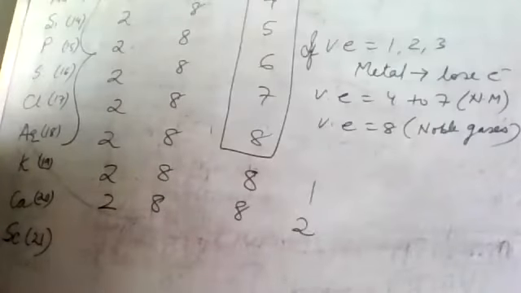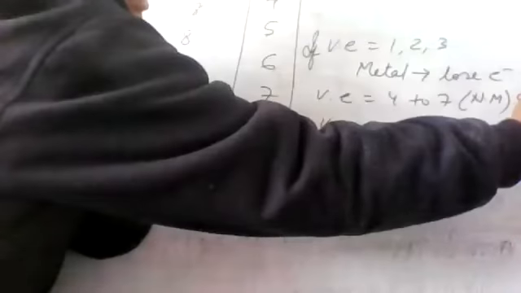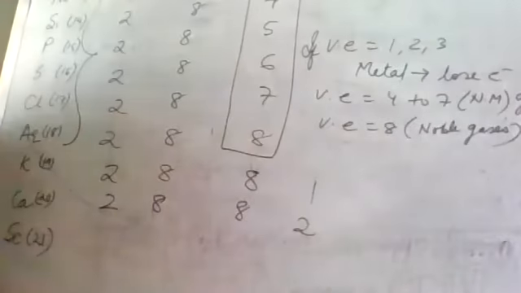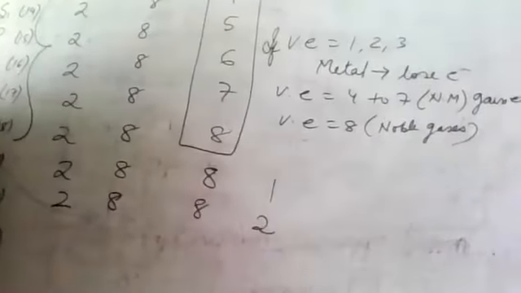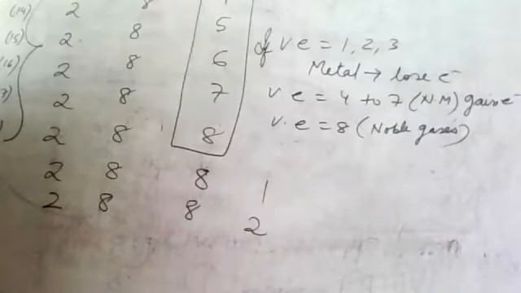For them losing of electron is easy. And for non-metal, what will it do? Gain electron. Non-metal will gain electron. For them gaining is easy.